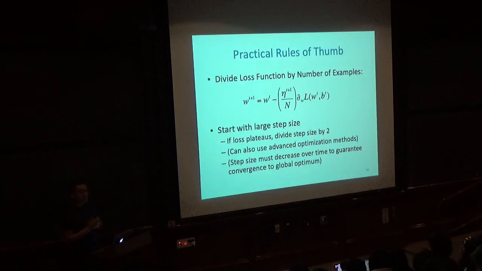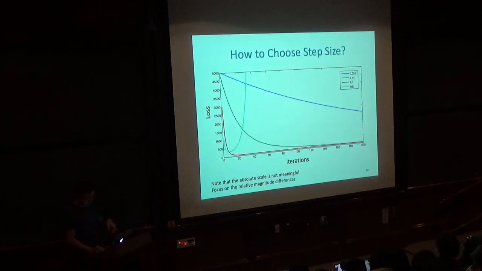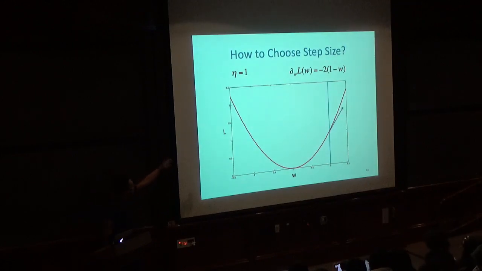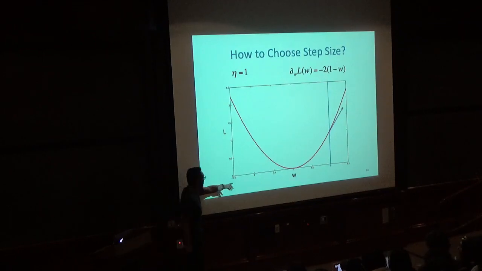Yes. So if your loss plateaus, you divide the step size by 2. What if you have oscillating loss? Right. So we had that before, where you have this oscillating. We can analyze this specific example because it's super simple. It oscillates exactly at 8 = 1, at least if you start at the origin.